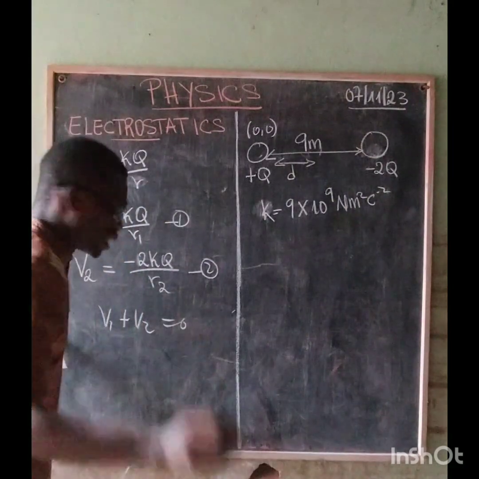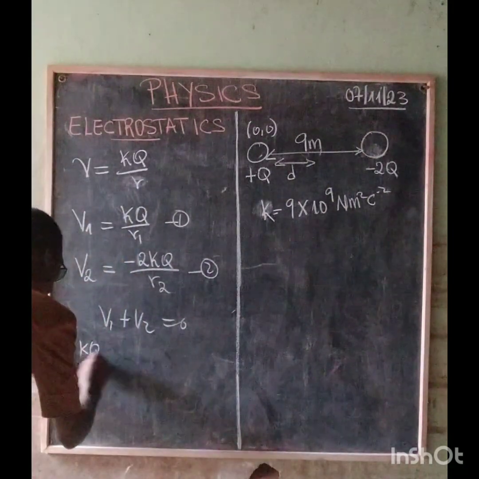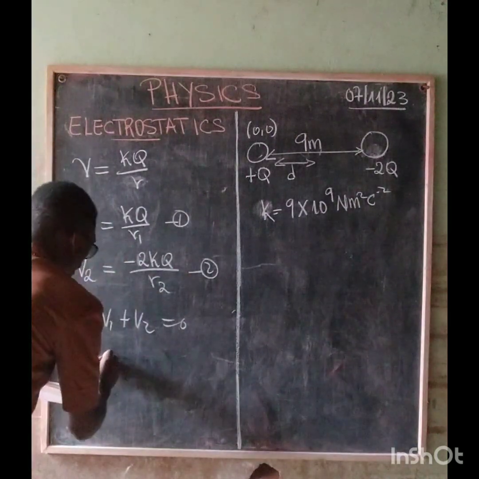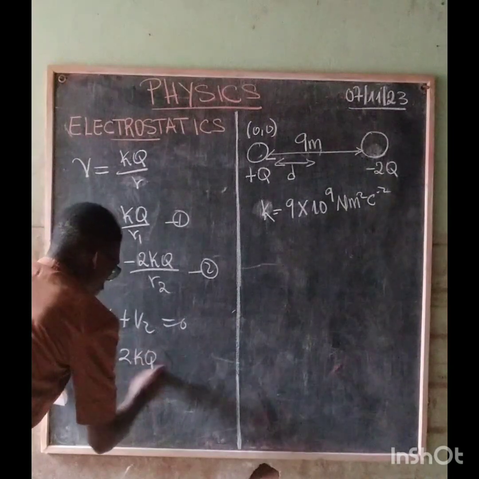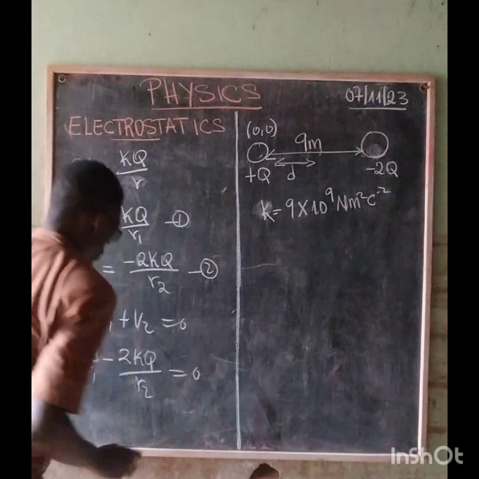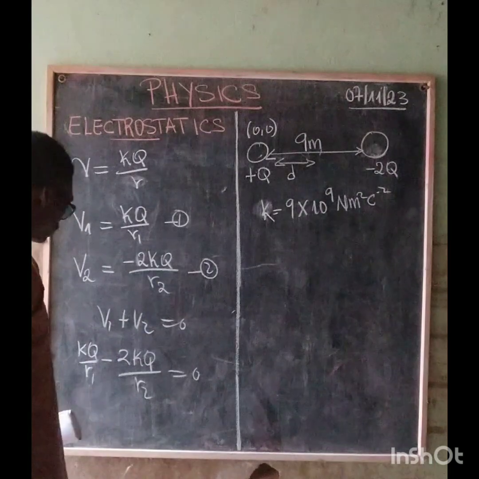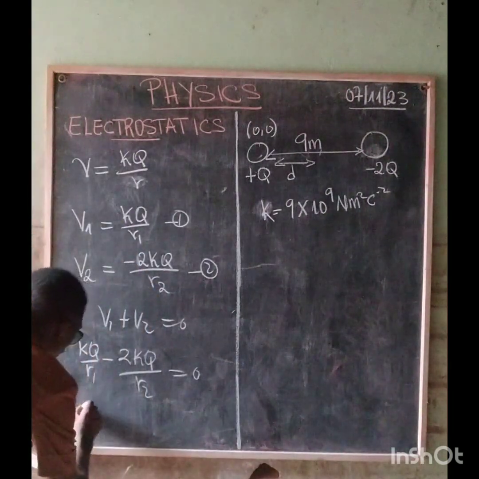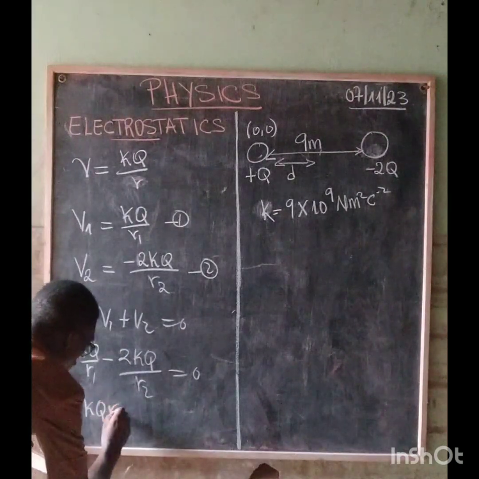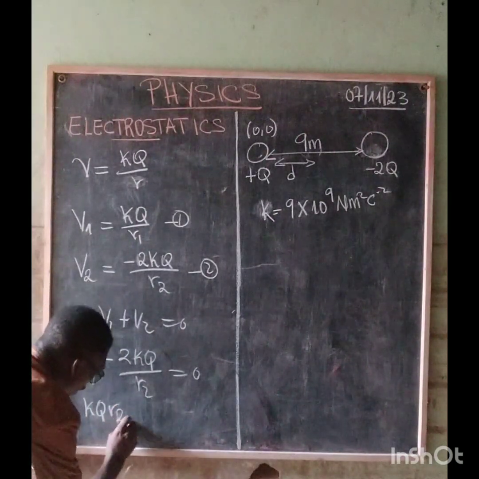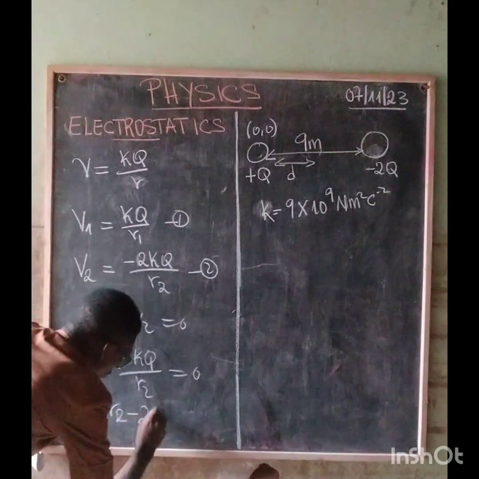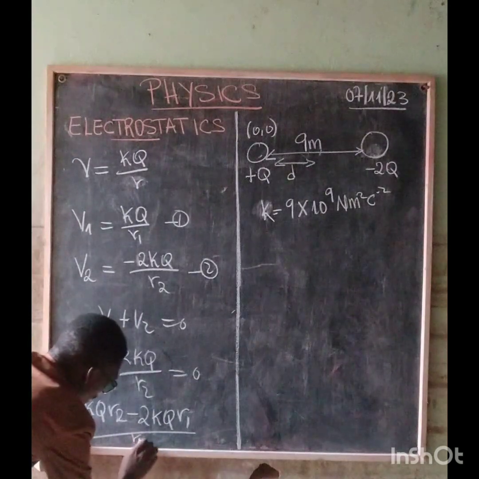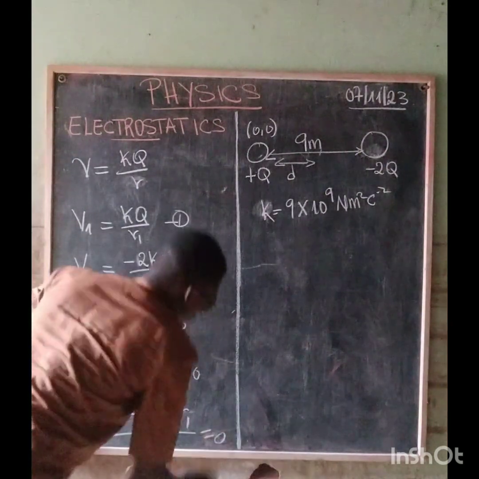And this then means that KQ on R1 minus 2KQ on R2 is equal to 0. And here we now have KQ R2 minus 2KQ R1, all this on R1 R2, equal to 0.